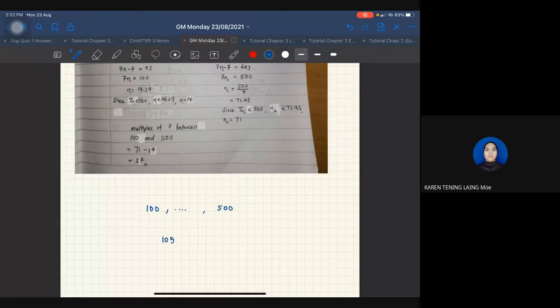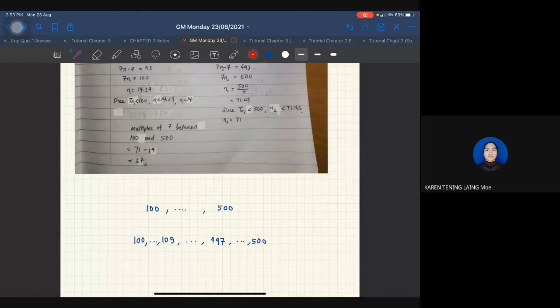Then we go up to 500. You need to find a term that is a multiple of 7 before it reaches 500. You calculate 7 times what gives a number close to 500. So 497. You will have 497 over here.